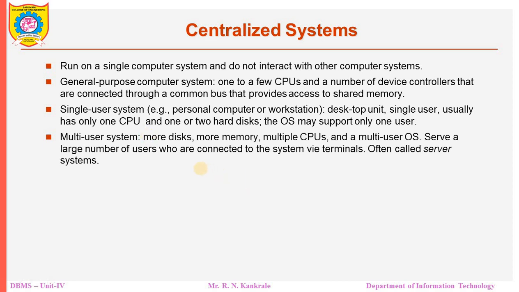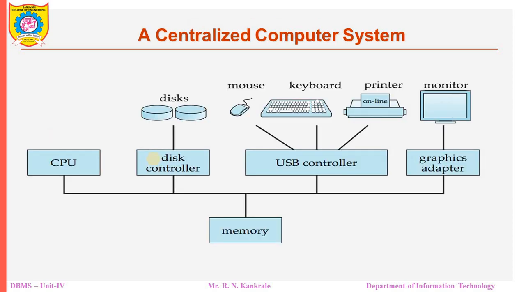In a centralized multi-user system, if we compare it with the single user system, it has more disks, more memory, multiple cores, and a multi-user OS, and serves a large number of users who are connected to the system via terminals, often called a server system. Here is a diagram of a central computer system.